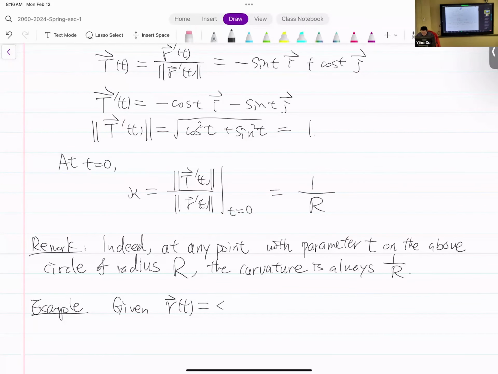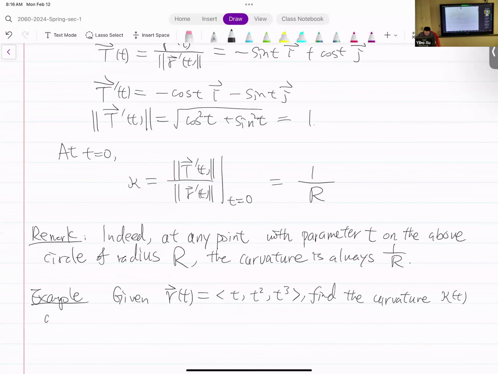So let's see. If we have a vector function with components t, t squared, t cubed, we want to find the curvature as a function of the parameter t at a general point with parameter little t.